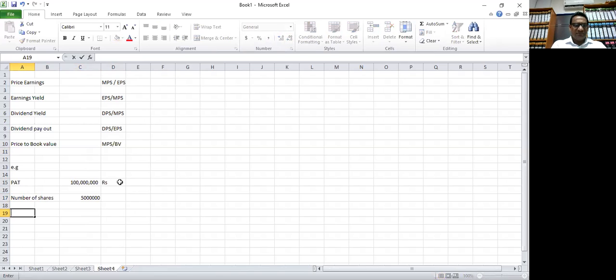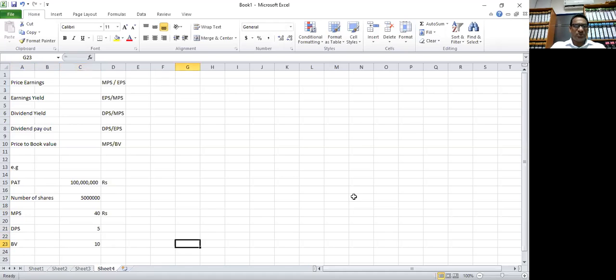Then let's take MPS, market price per share, 40 rupees. Let's take DPS, 10 rupees. Book value of a share, 10 rupees. DPS, let's make it 5.